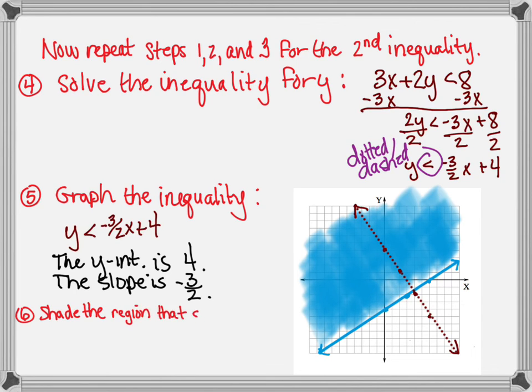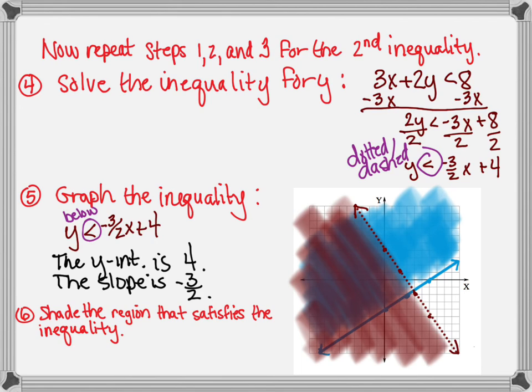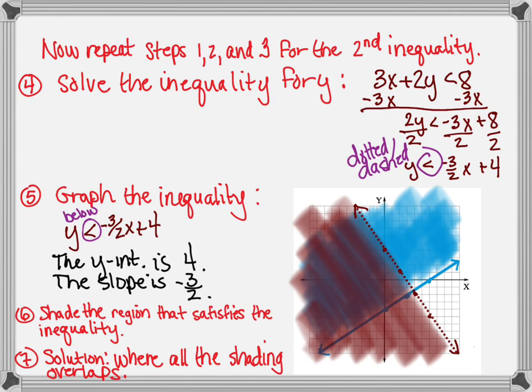Step 6, shade the region that satisfies the inequality. So here we have a less than symbol, so we want to shade below the line. That's down here. And finally, our solution will be where all the shading overlaps for all the inequalities.